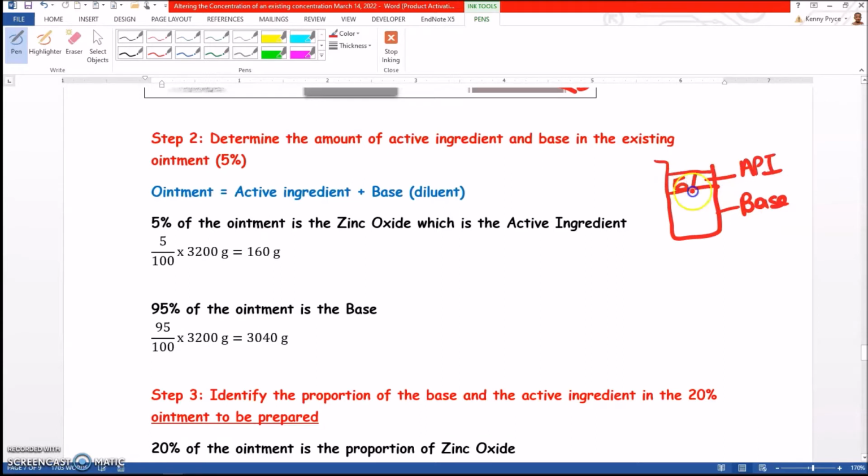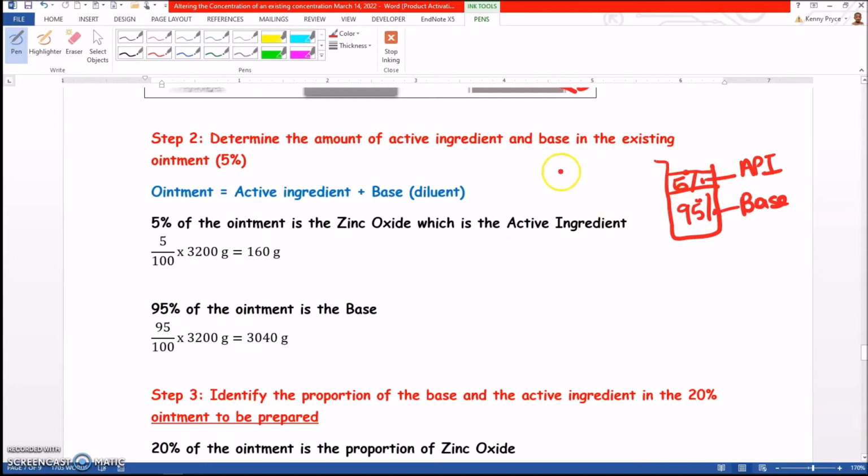In this case, 5% is going to be the API, and 95% is going to be the base. Now, of course, the ointment is not going to look like this in the tube. It's going to be homogeneously mixed. That powder, the zinc oxide powder, which is white, is going to be homogeneously mixed throughout the entire formulation. So you won't see demarcations as how I'm illustrating it here. It's just for us to understand what's happening.